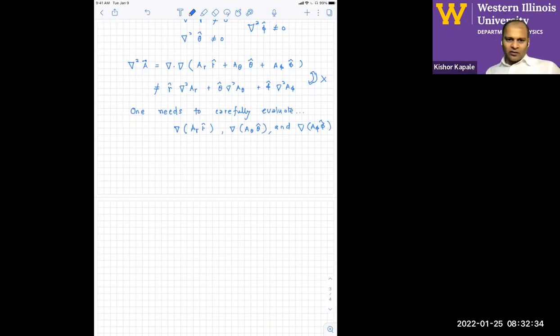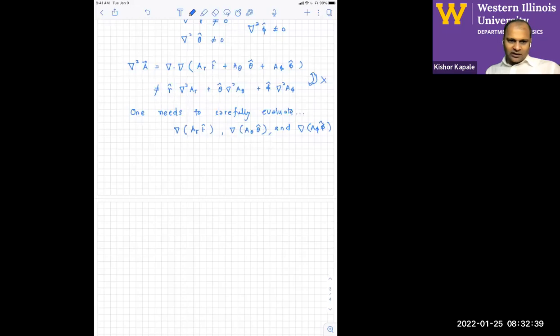That is something we're not going to go into, but we're going to look at a slightly different trick here. Alternatively, we can use this identity.